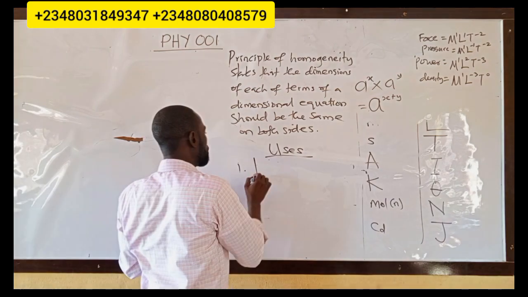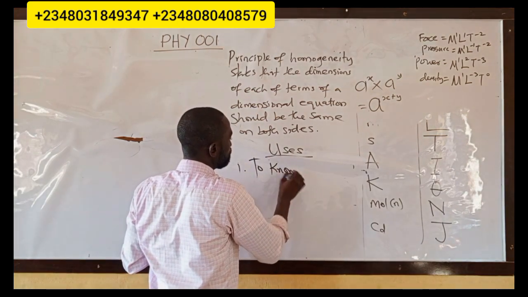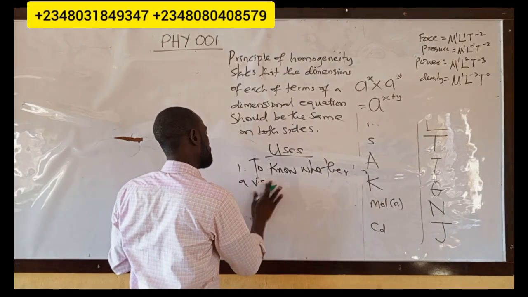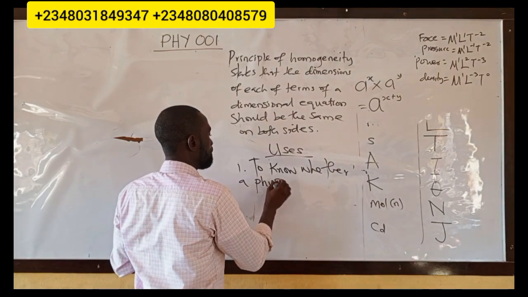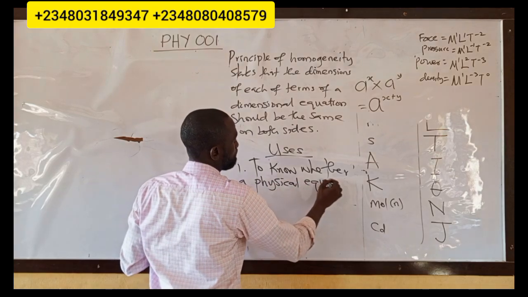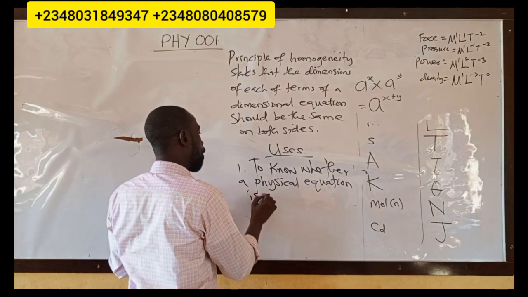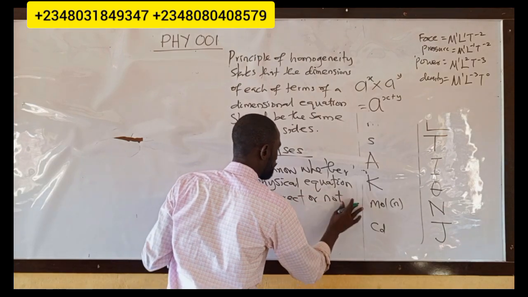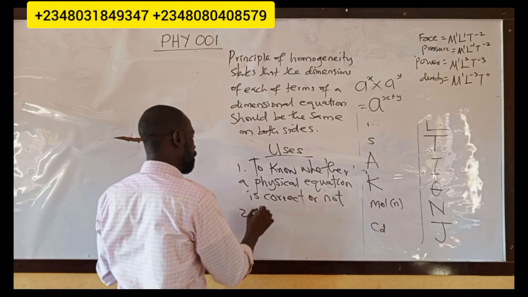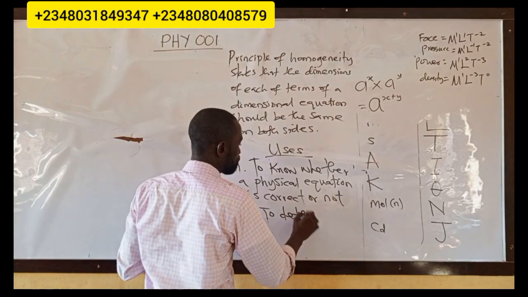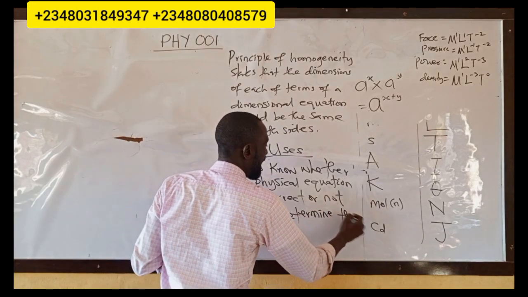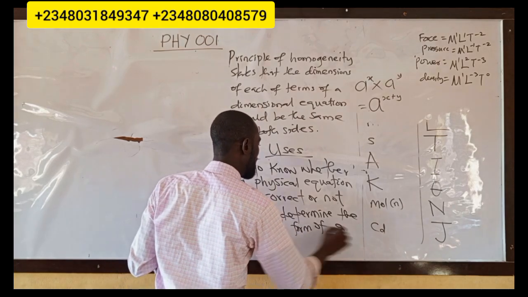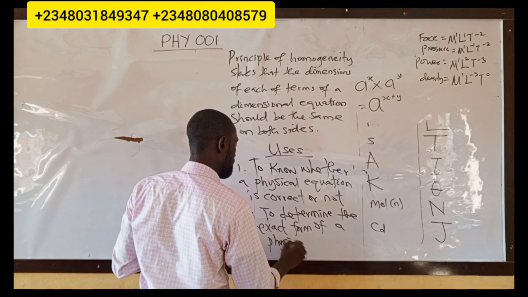The first one is to determine whether a physical equation is correct or not. Then the second one is to determine the exact form of a physical equation.